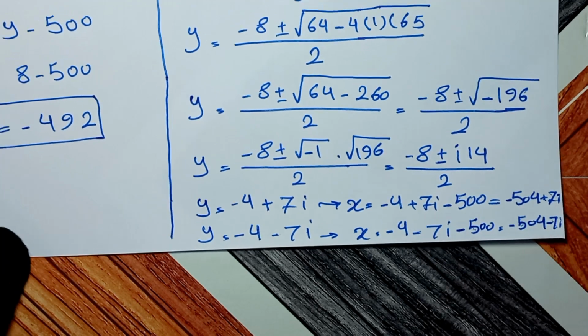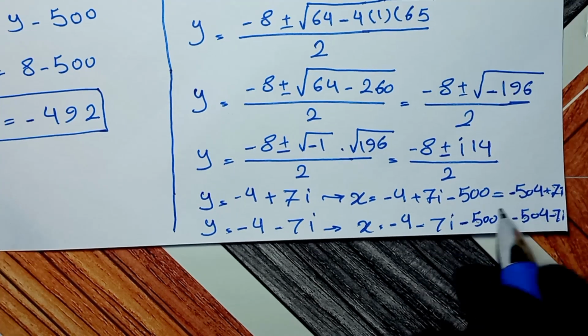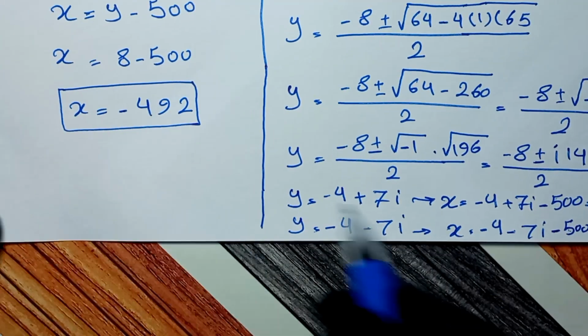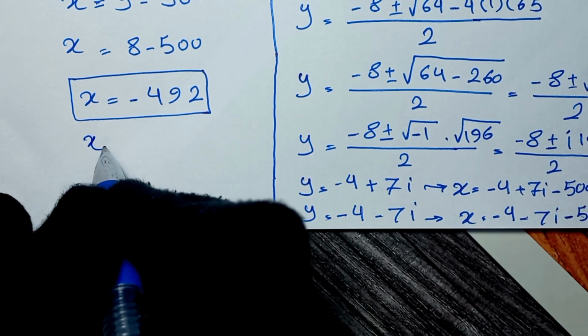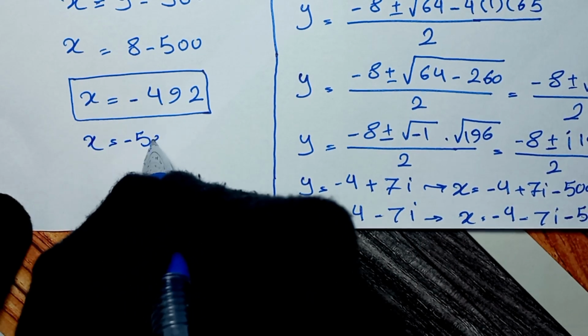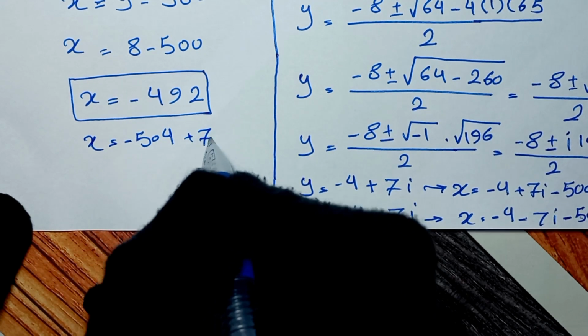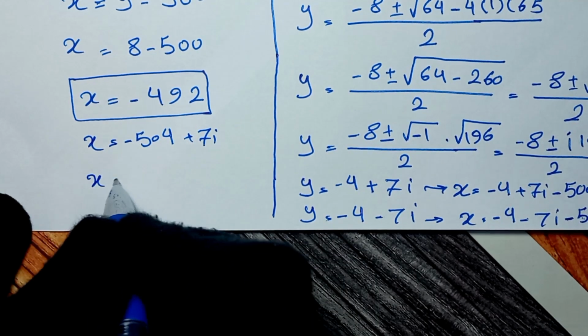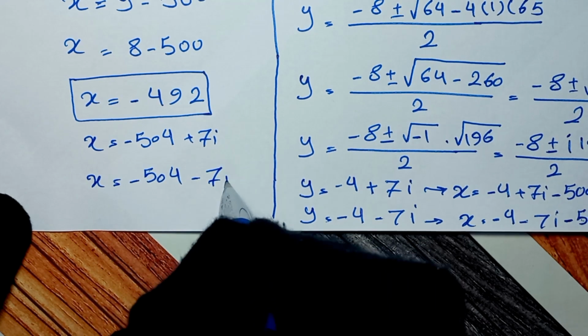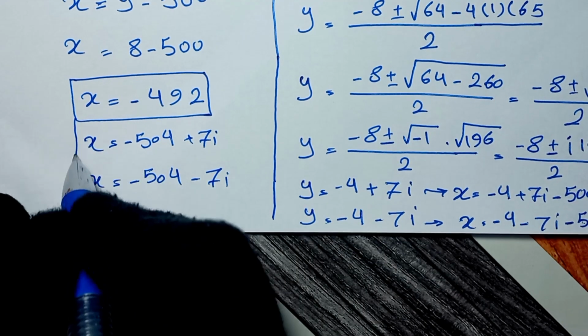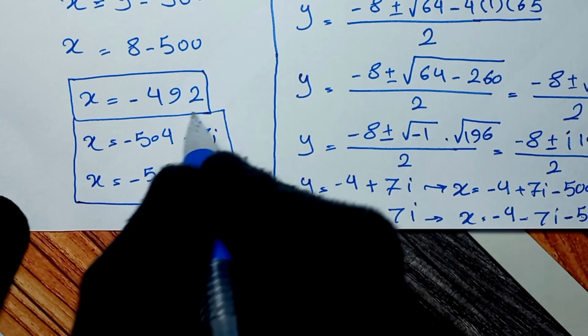So we have three values for x. We write here: x is negative 492, and x is negative 504 plus 7i, and x is negative 504 minus 7i, and this is our final answer.